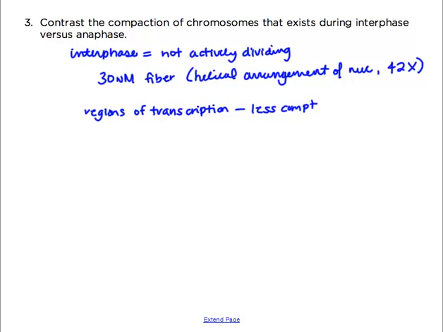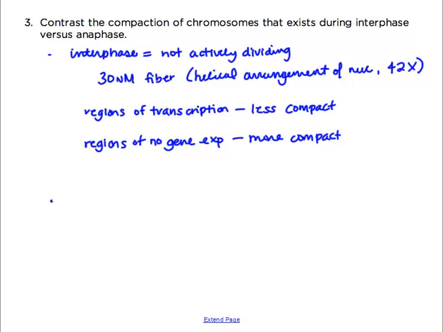And regions where gene expression is not happening, or maybe even gene expression is turned off, may be more compact. So we'll say regions of no gene expression, more compact. Okay? And this should be compact up here. Okay, so that's how it is in interphase.